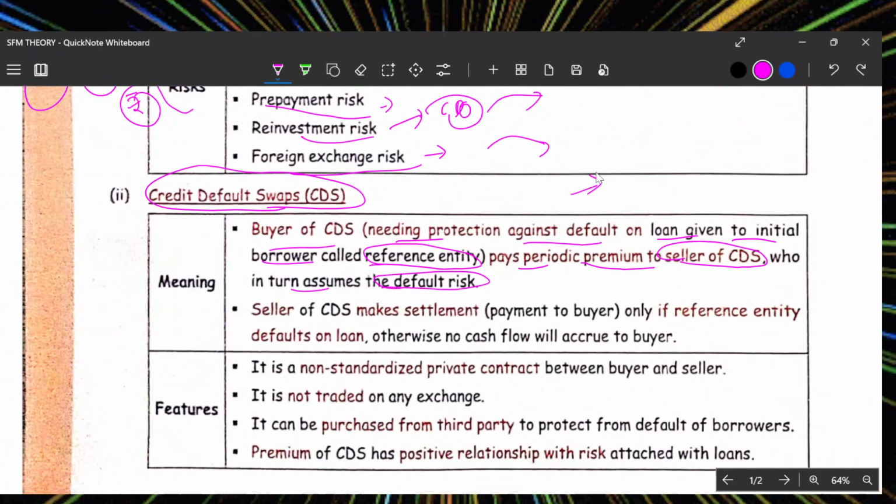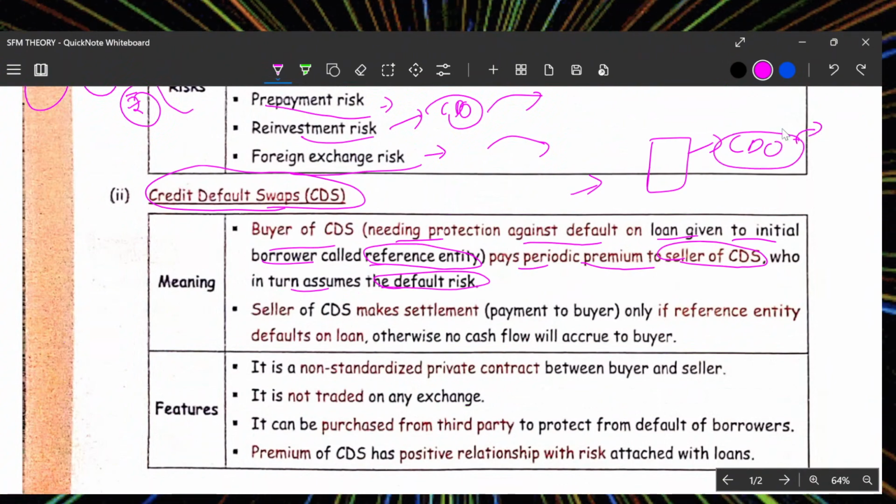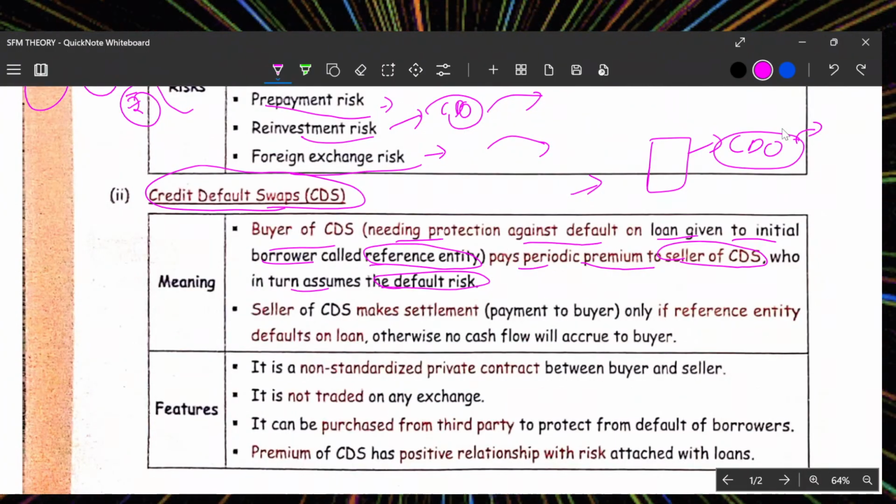If it fails, we will pay you something. If it is successful, no problem. In such a way it goes against the CDOs. The seller of the CDS makes a settlement payment to the buyer only if the reference entity defaults on the loan. Otherwise, no cash flow will accrue to the buyer.